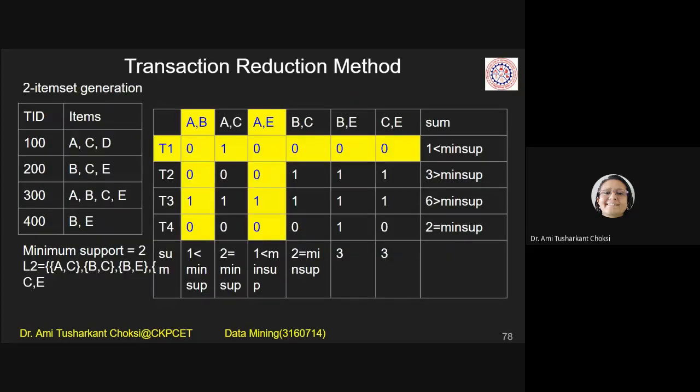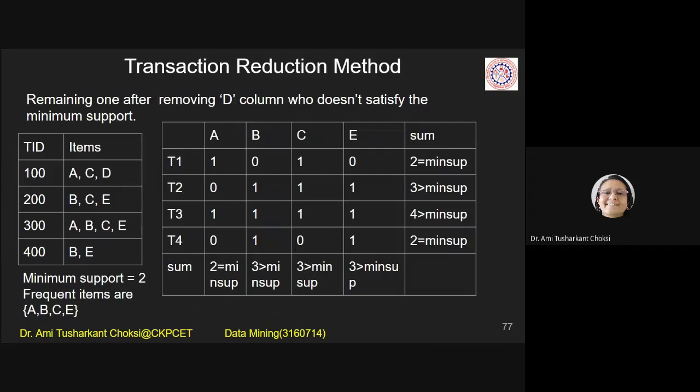Now, what do we want? Two-item set generation, isn't it? What we actually want is, we do not want to consider only single items. We need to consider two-item sets, then three-item sets, isn't it? Okay, so let us proceed further. From the frequent item set, who are they?